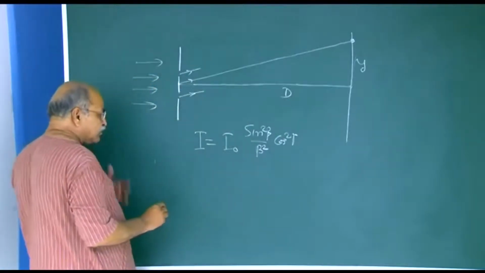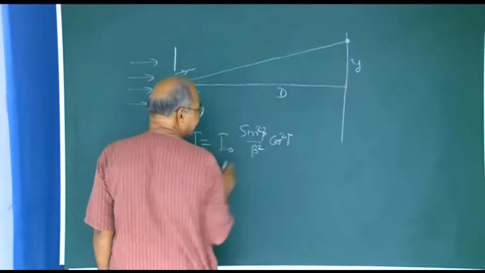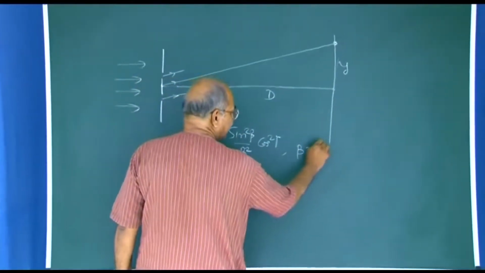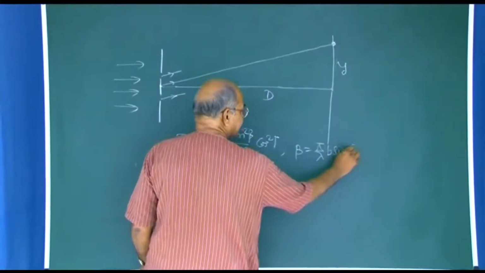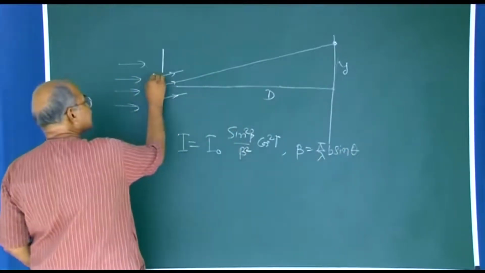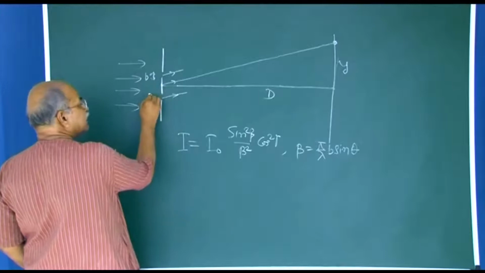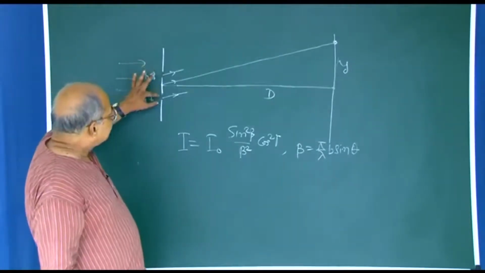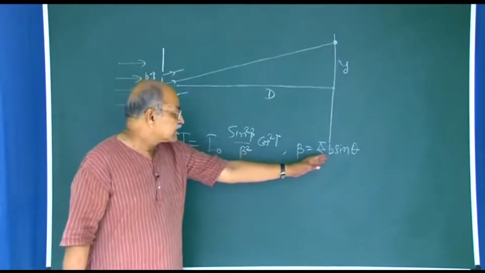I have already told you what this I0 is, the intensity at the central point. Beta is pi over lambda b sine theta, where b is the slit width, assuming both slits are of the same width. So the width of any of these two slits is b, and from there you construct beta.